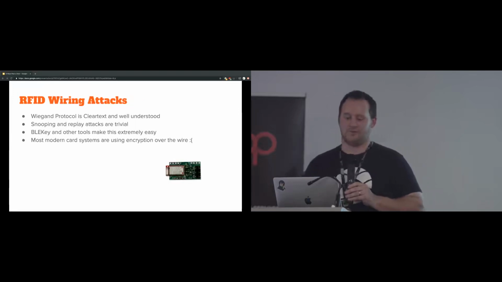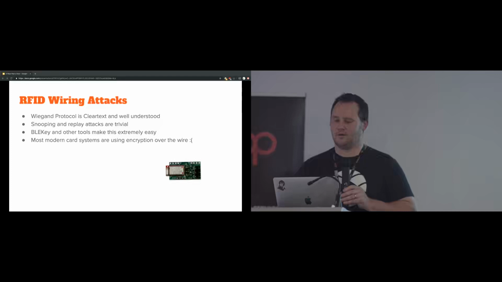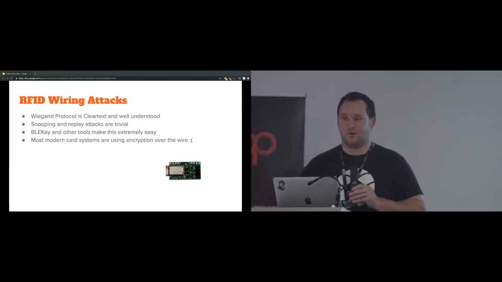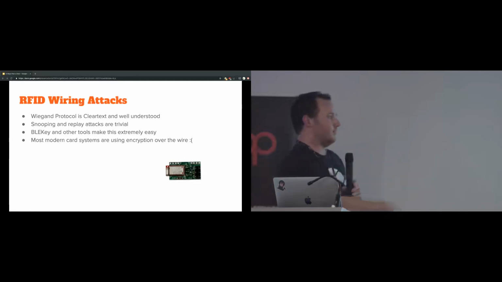So I won't go too in depth with RFID wiring attacks. I believe this is something that Alex's talk this morning probably covered. And the Spark Notes is that many older systems use a protocol called Wiegand on the wire. It's clear text. The card IDs just go in a very human understandable format, well, once it's decoded over the wire. And there's commercially available tools like this little guy here, the BLE key.